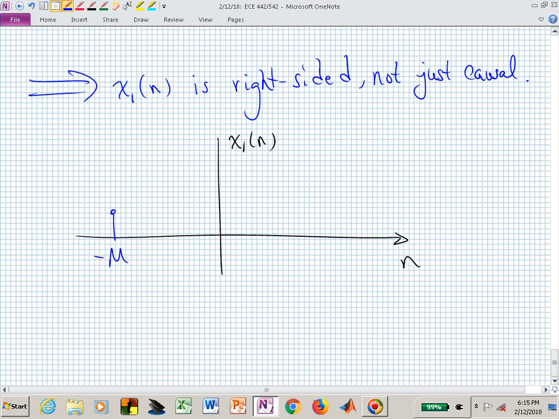We're not infinite in extent to the left. We're starting at a fixed finite value, and then we keep going to the right.